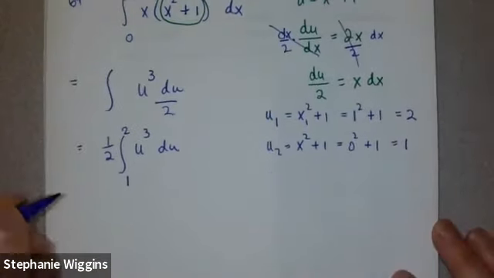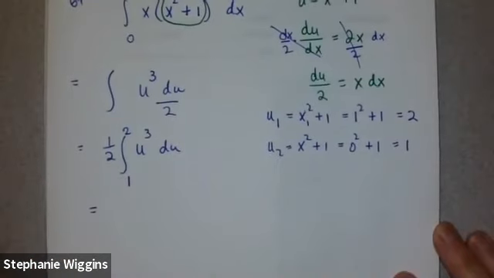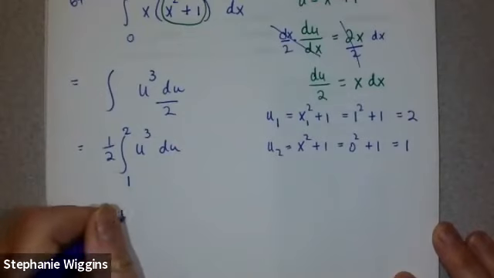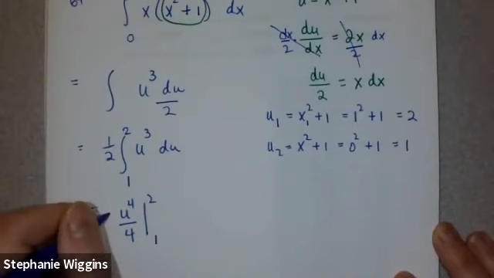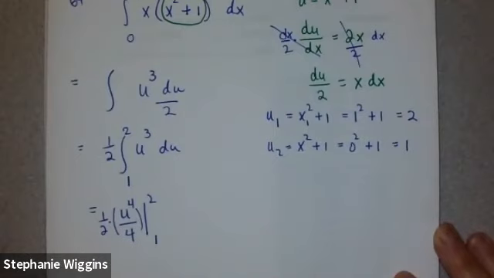Now that everything is in u, I do the integration, and it's going to be u to the 4th over 4 evaluated from 1 to 2. And don't forget your 1/2 out front. There's my 1/2.